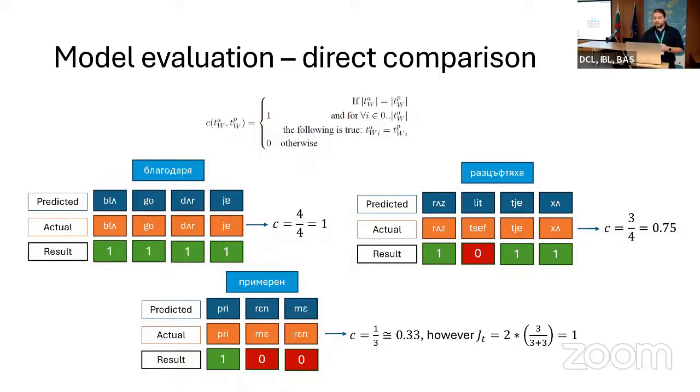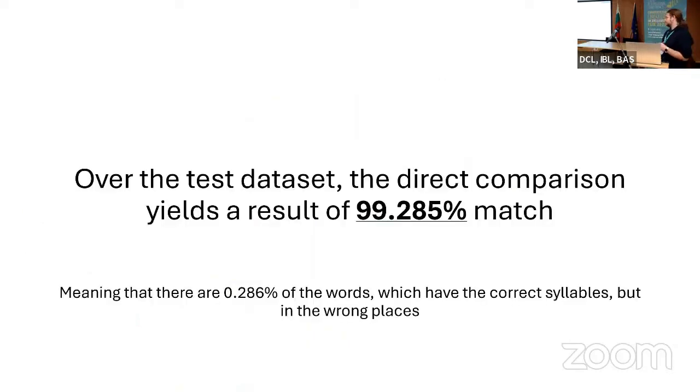Here we can see again the word благодаря, разцъфтяха, and another word примерен, where if we have the same syllables but in different places, this metric will yield a lower score. And again, on the test dataset, we get 99.285% match, meaning that there's 0.2% of words that have the correct syllables but in the incorrect places, which was interesting to me at least.